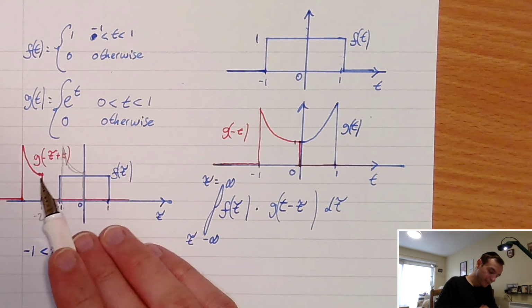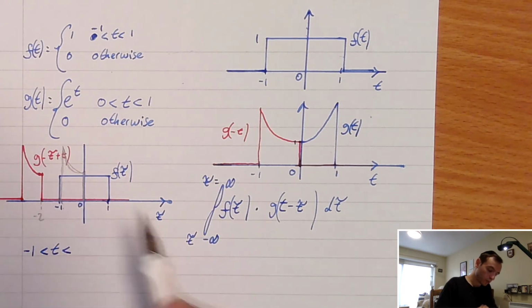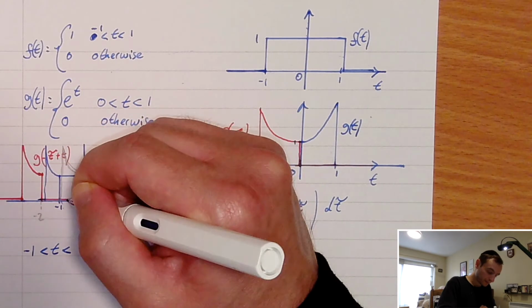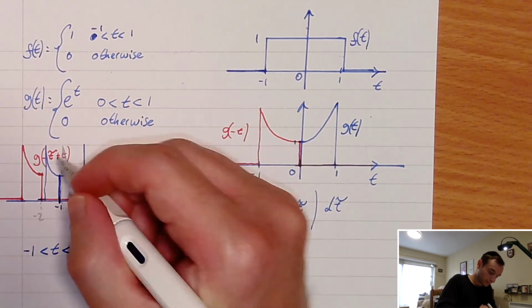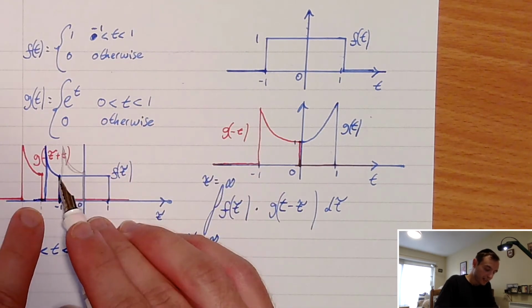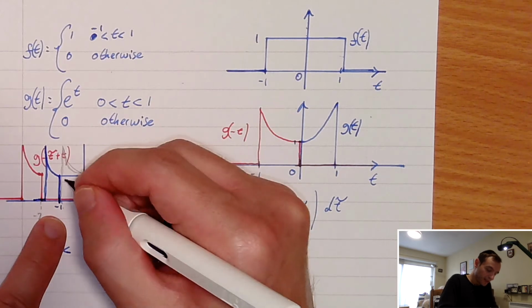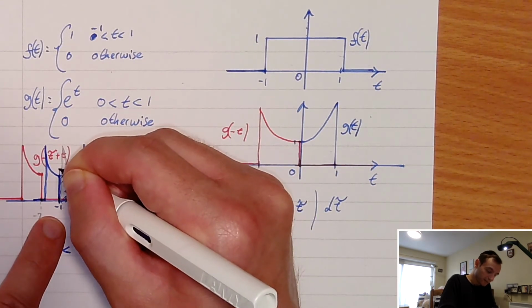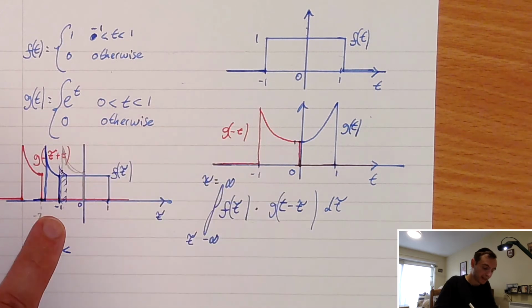Now, when this function is at minus 1, it's going to look something like this. As this function starts to move across, we're going to have an area of overlap of those two functions. It's going to look something like that.